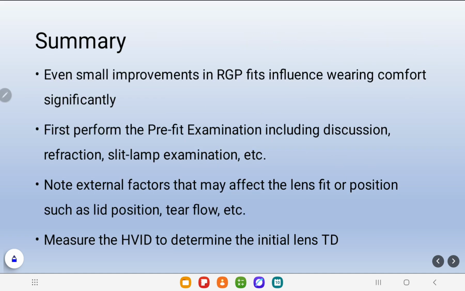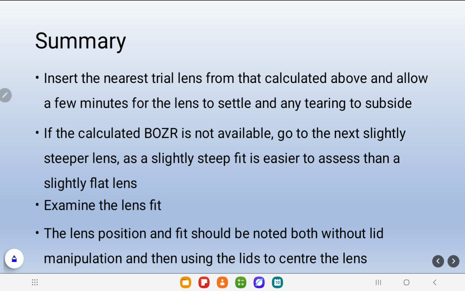So in summary, even a small improvement in RGP fitting influences the wearing comfort significantly, because it's very important. Even a small improvement in RGP fit will definitely create good comfort. First, perform the pre-fitting examination, including discussion, refraction, and all these things. Then note the external factors that may affect the lens fit or position, such as lid position, tear flow, and all these things, and measure the HVID for the lateral diameter.